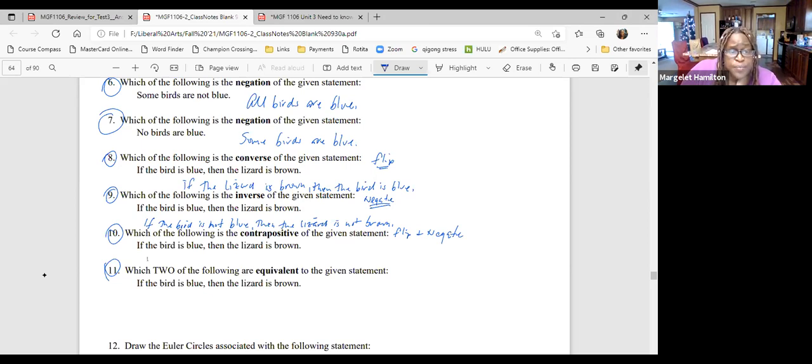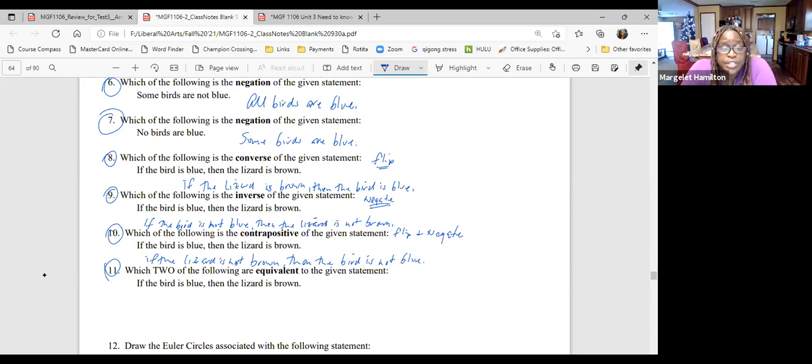So if the lizard is not brown, then the bird is not blue. You just flip it right on over.